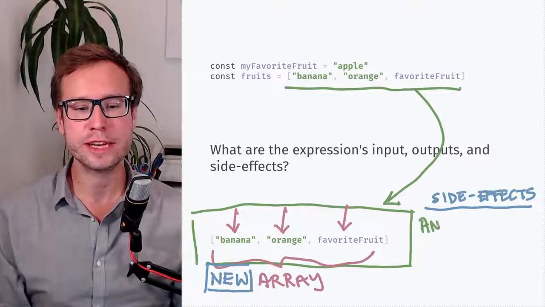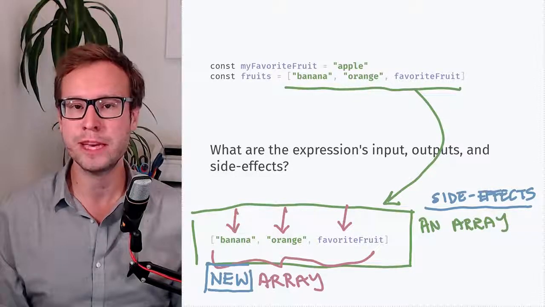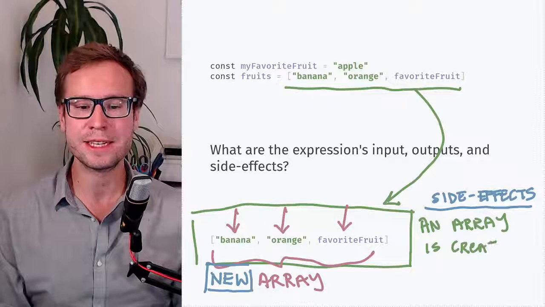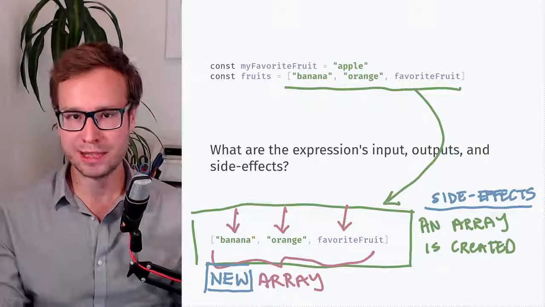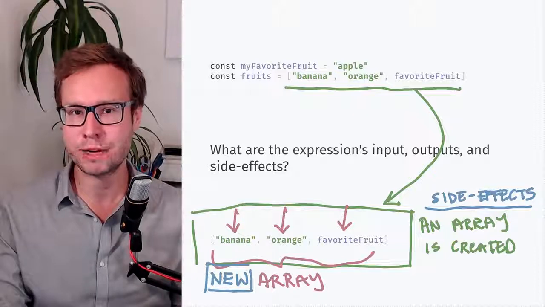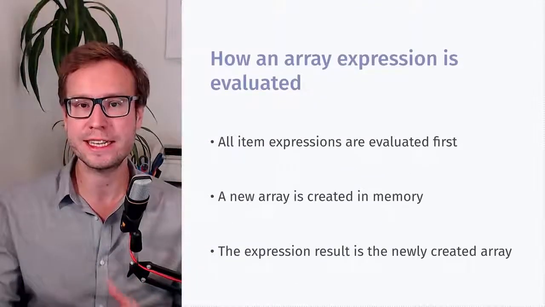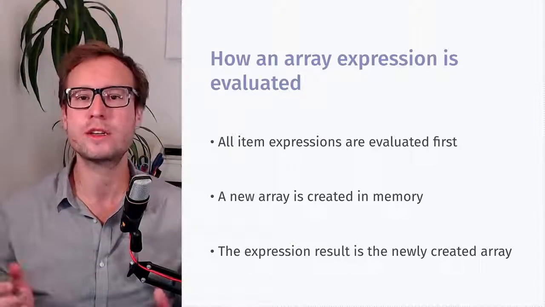An array gets created. Yeah, that's it. It's a simple side effect and maybe an obvious one. But it is a side effect because it happens outside of the inputs and the outputs. The output actually is that very same array which just got created. But the side effect is that it gets created somewhere outside of the expression.